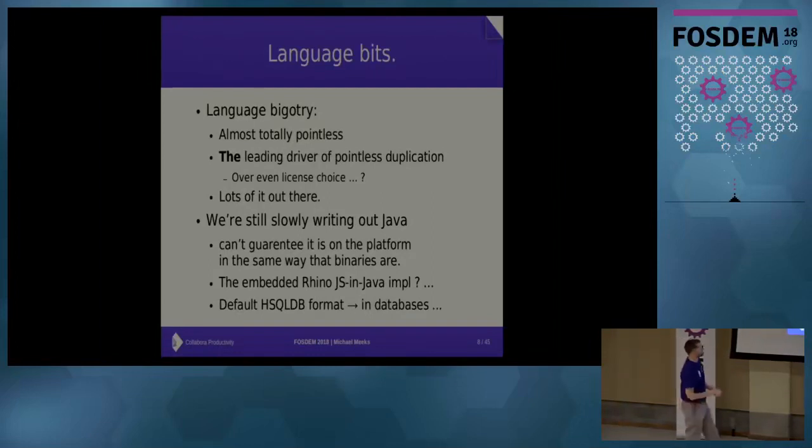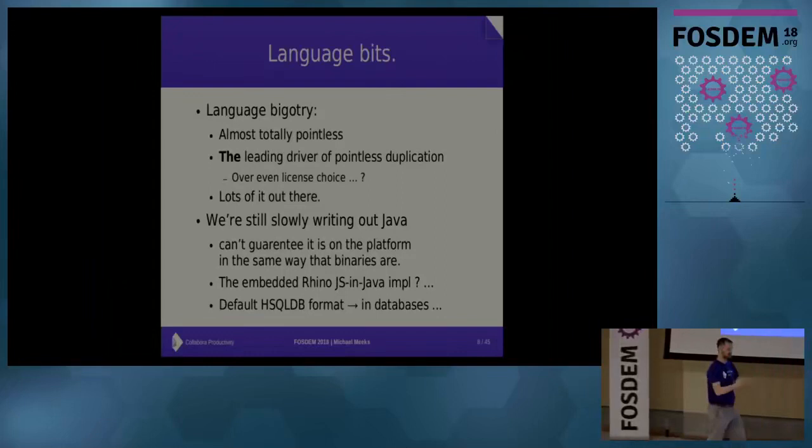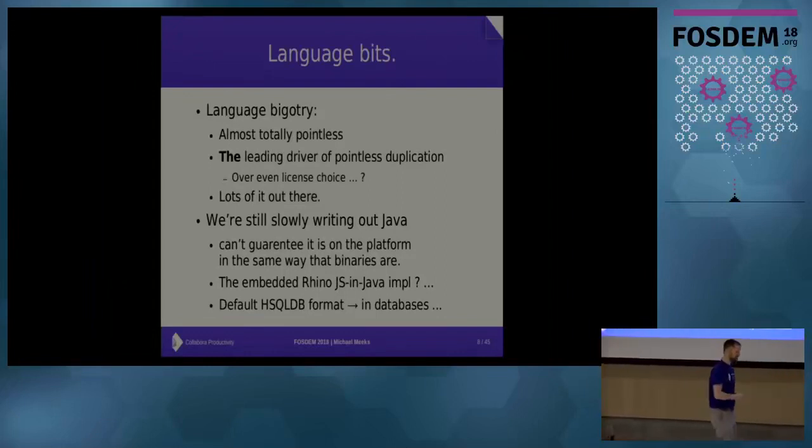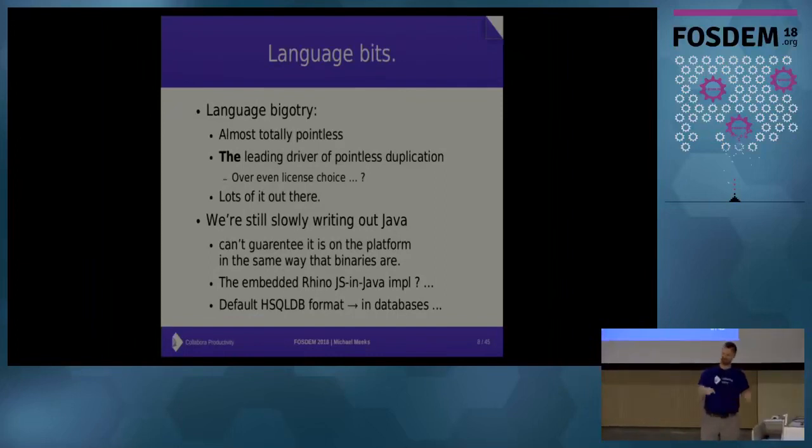The problem is, of course, that LibreOffice over a long time has adopted a number of these cargo-culted languages. I think one of my favorites is the JavaScript scripting framework written in Java called Rhino that we have, which, as you know, the Java is 10 times more productive than anything else. So it's very easy to write a JavaScript interpreter in it, and then it sits around in the code.